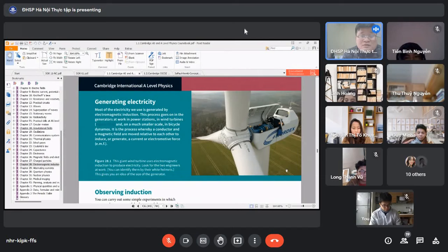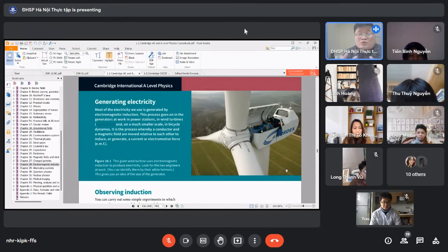Even the students in Vietnam, we talk a lot about the pollution because we use a lot of non-renewable materials. So that we try to find the clean energy or renewable energies. It can be the solar energies or the wind energies, etc. And we need a certain technology to create or to generate the electricity from the wind, for example.